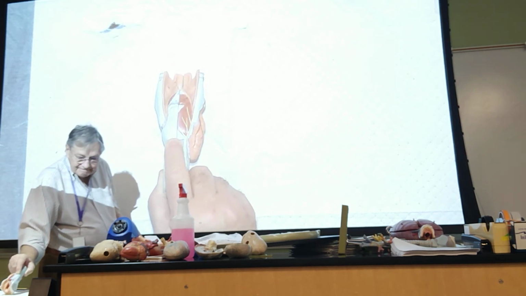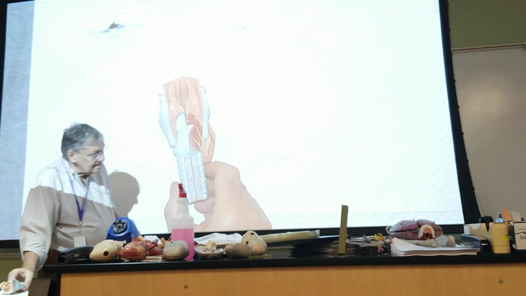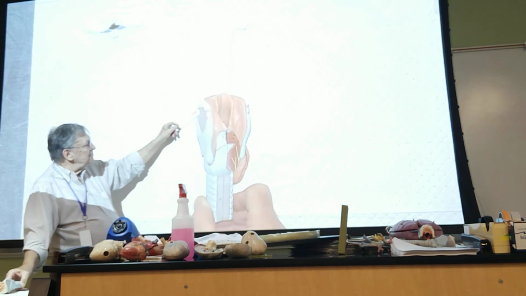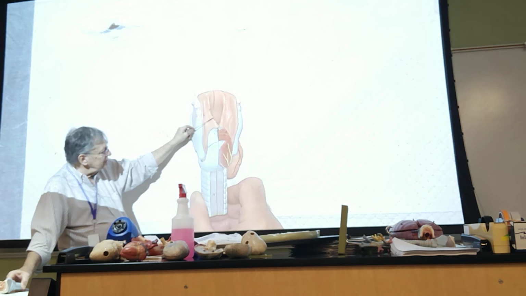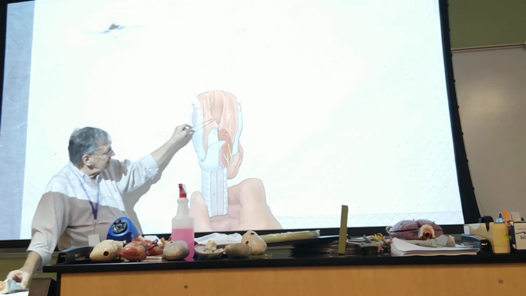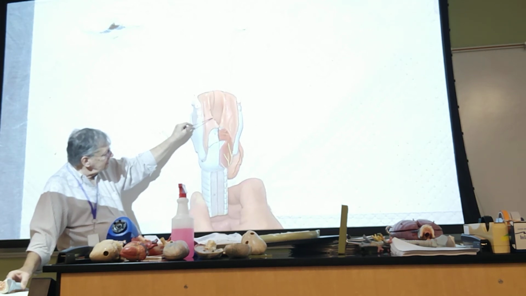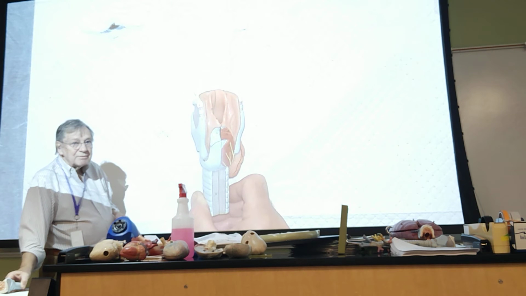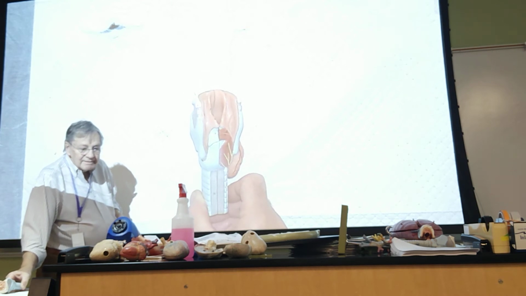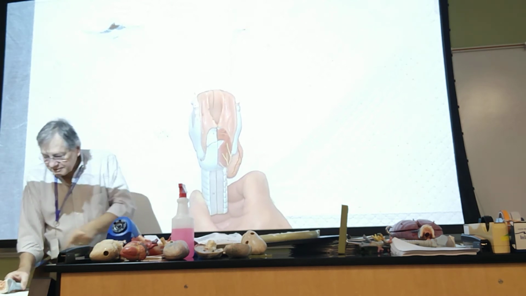And then this bump here on either side, a little bump right there and there. There's a cartilage in there. It's a little oval piece of cartilage that causes this bump. That's cuneiform. We used to be able to actually see it.